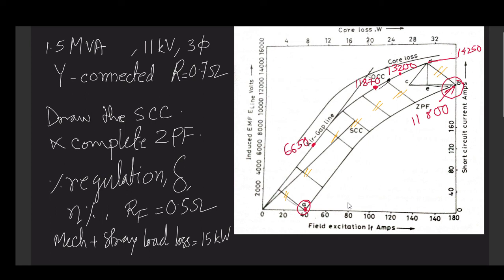So it will be like somewhere, then you keep D on this. In this way you can construct this ZPF. Fine.